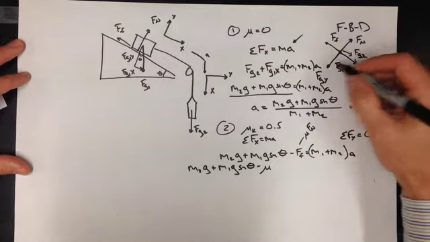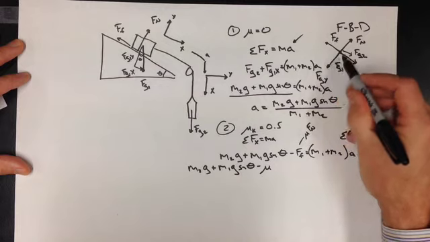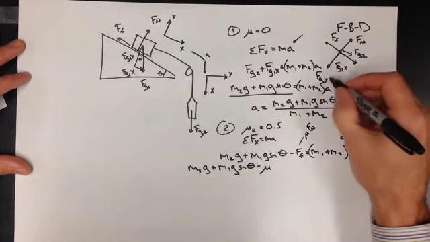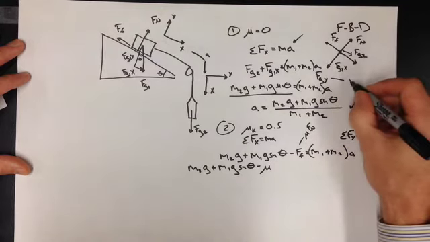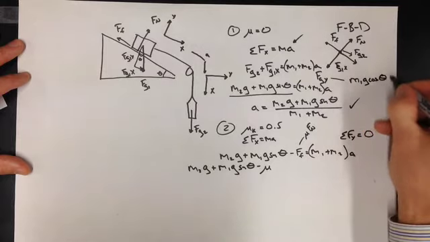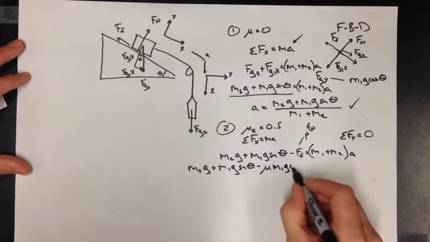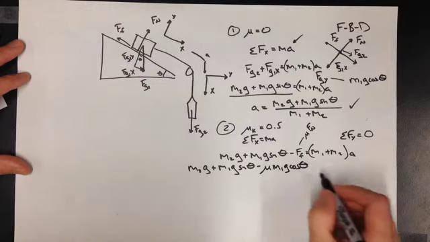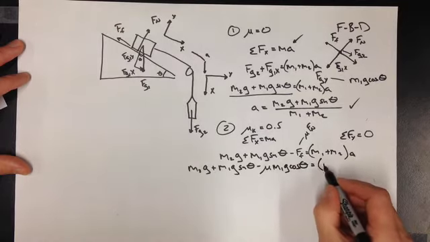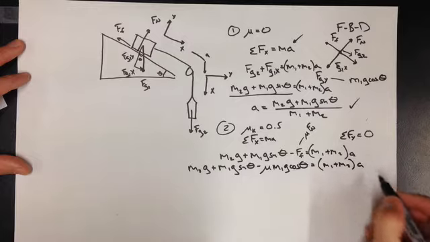Oh, this is Fgx, and this is Fgy. So this wasn't laid out very well. So my Fgy up here is going to be equal to m1g cosine theta. So I'll plug that right back in over here. So I end up with m1g cosine theta is equal to m1 plus m2 times a.